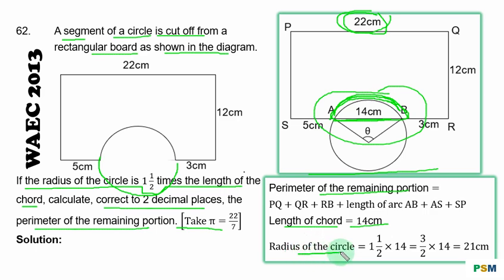Radius of the circle is equal to 1.5 times length of the chord, which is 14. You have 3/2 times 14 equal to 21 cm.